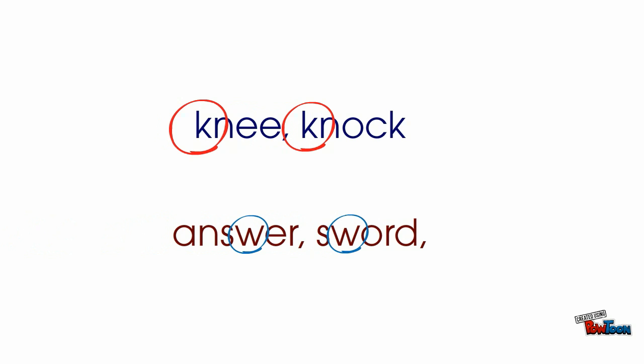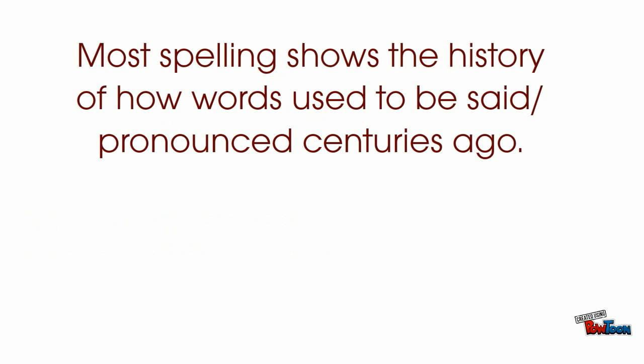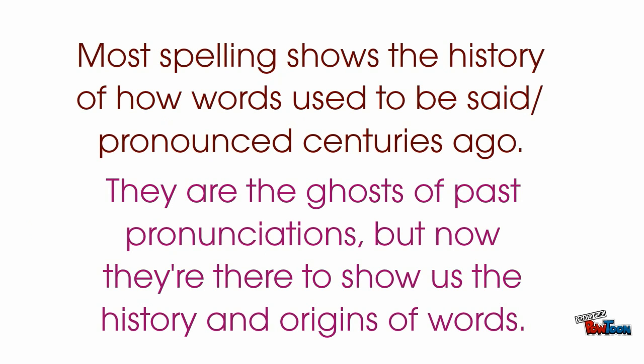So we used to have kni, knock, and answer and sword. But for ease of pronunciation, those letters were dropped. So most spelling shows the history of how words used to be said, used to be pronounced centuries ago. They are the ghosts of past pronunciations, but now they're there to show the history and origins of the words.